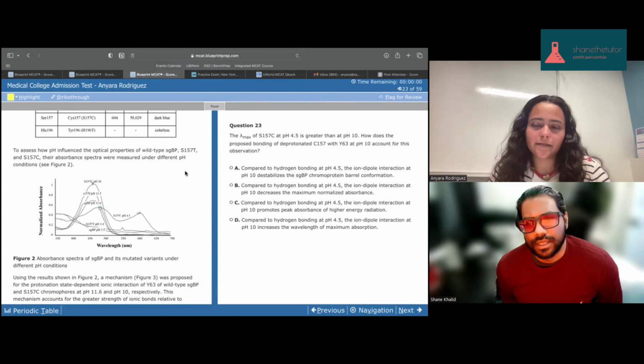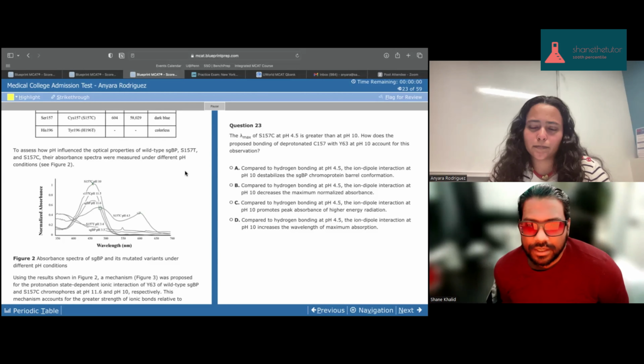So if we look at this, they're saying compared to hydrogen bonding at 4.5, I think we should look for an ion dipole interaction. There are different things that they're saying.